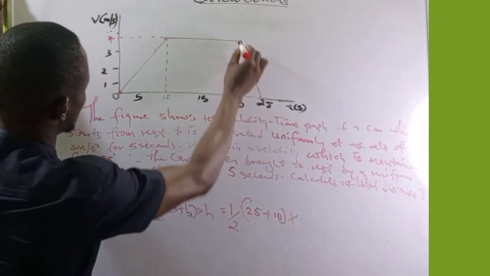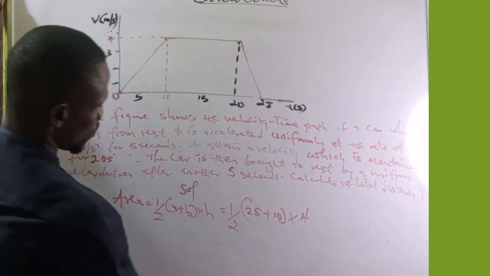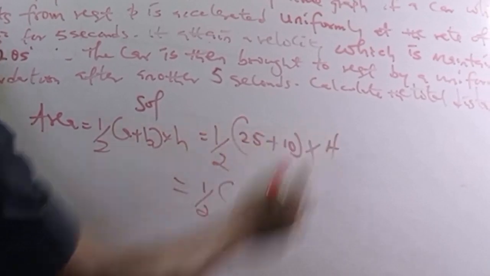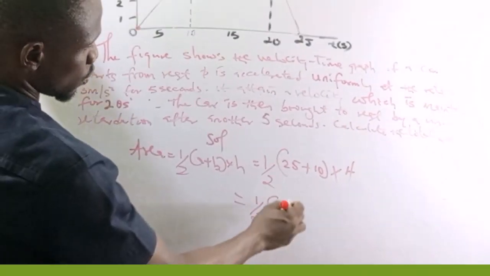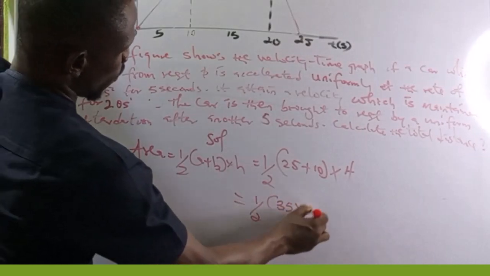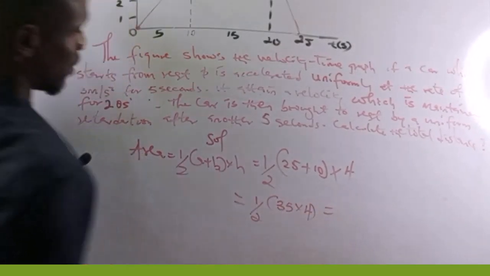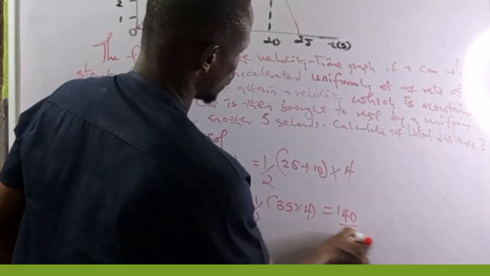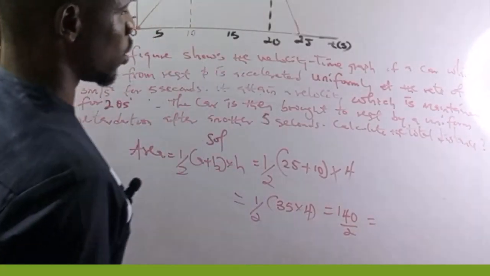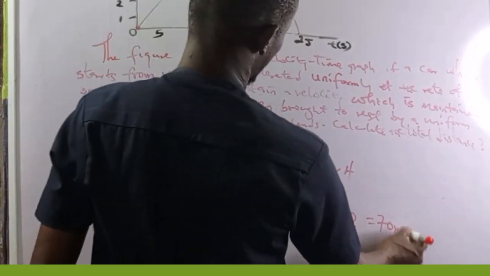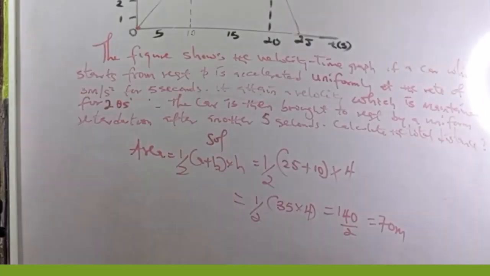What is the height from here to here, which is 4? So what is the answer now? Half of 25 plus 10, which is 35, times 4. 35 times 4 is 140, divided by 2, which is 70. So 70 meters is the total distance.